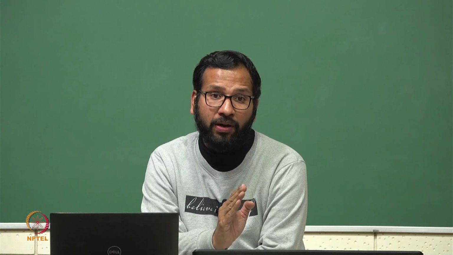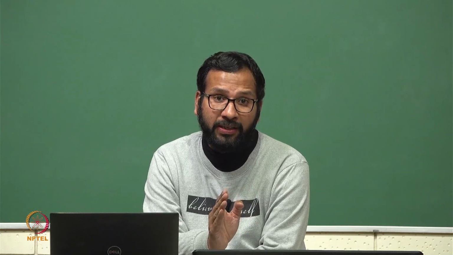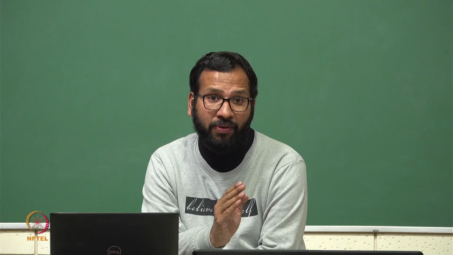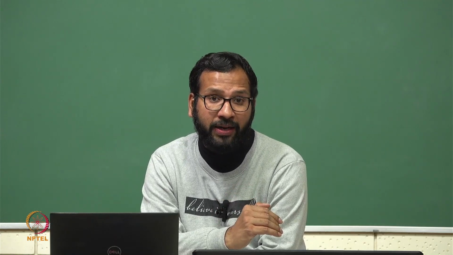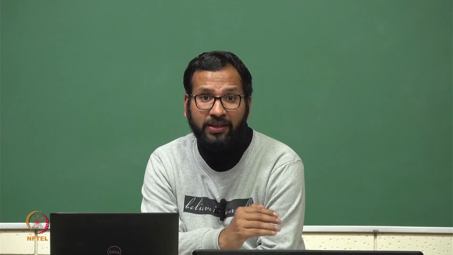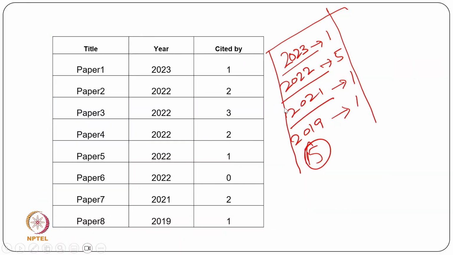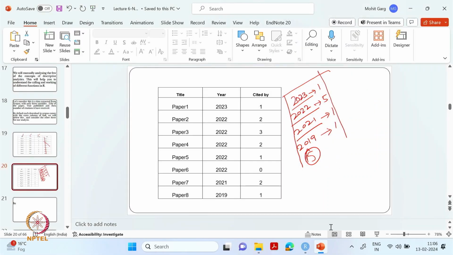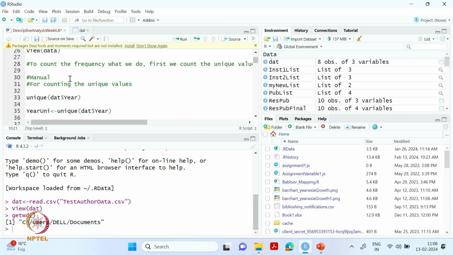Now, as per our counting of the publications, what we were doing manually, we counted the unique values in the data set. Those were the years: 2023, 2022, 2021, 2019. The same thing we will do here also.